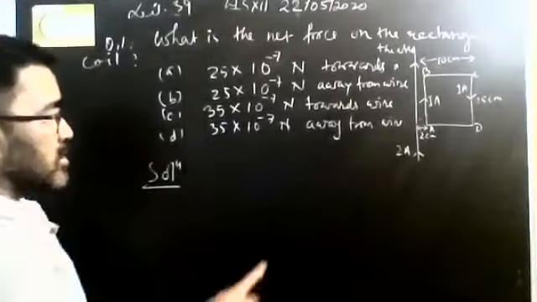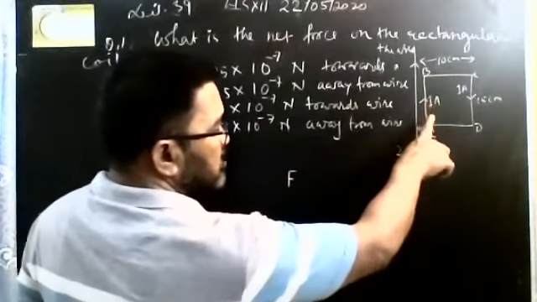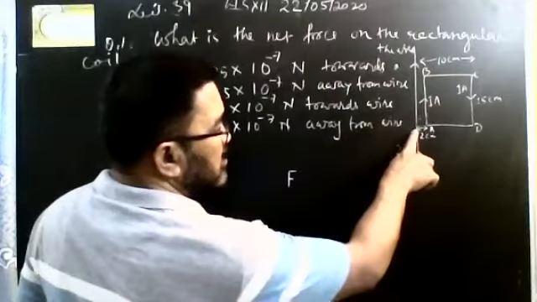For this, the formula, suppose two parallel conductors, this and this.